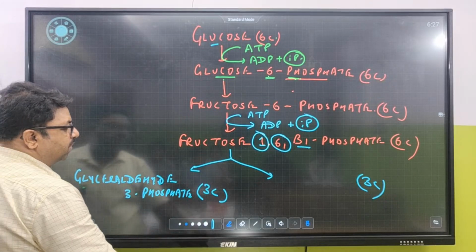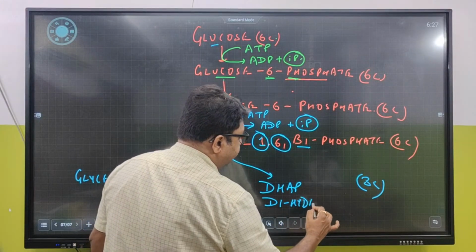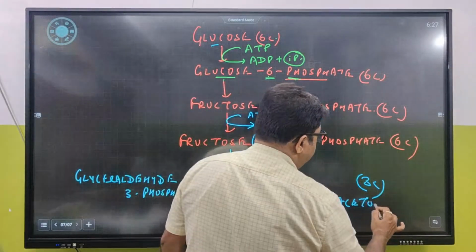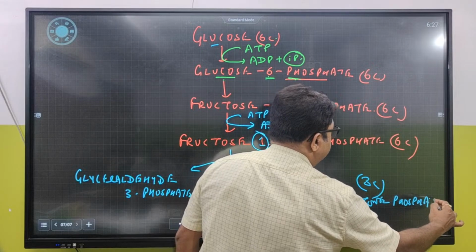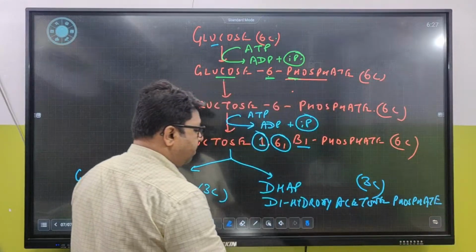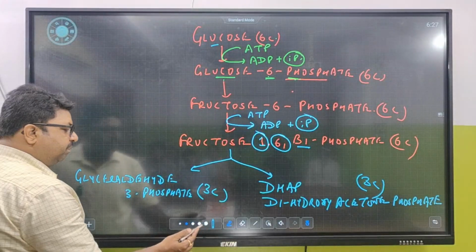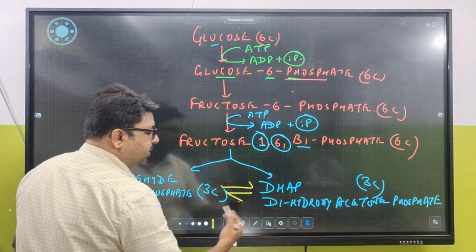Another one is called DHAP, dihydroxy acetone phosphate. How many carbon does it contain? 3 carbon. And both of them, see, they are isomers to each other.